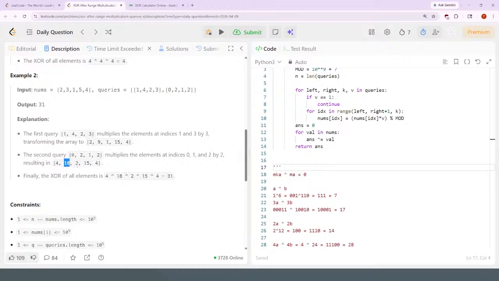Is there a way to store that linearly? 2, 6, 2, 3, 1. Was it 2, 6? 2 times 2 is 4, 2 times 3 times 6 is 18, 1 times 2 is 2, 5 times 3, yeah. 2, 6, 2, 3, 1.